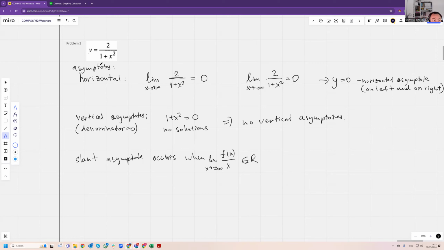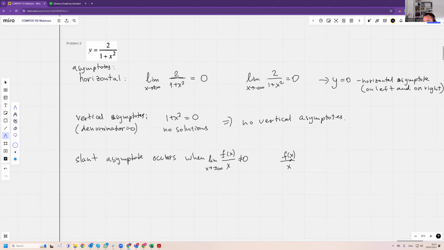In this case it is not, because if you divide f of x, it's a non-zero real number.